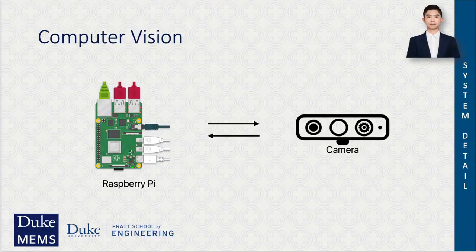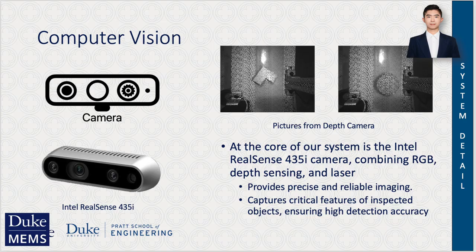As far as the computer vision part, we're using a Raspberry Pi with a camera. For the camera, we chose the Intel RealSense 435i because it can provide RGB, depth sensing, and laser features. We did not actually utilize the full feature set of the camera, but it could be done in the future.